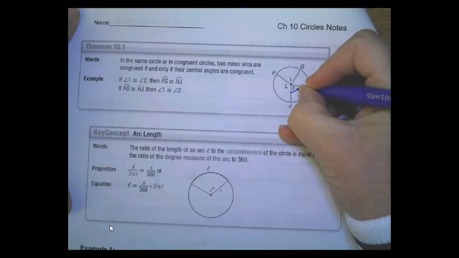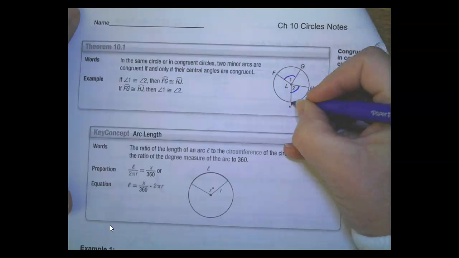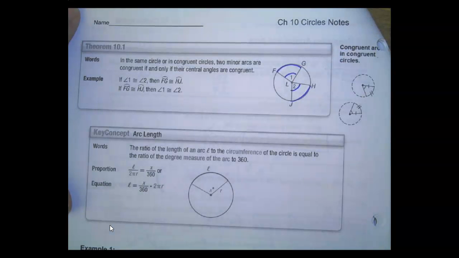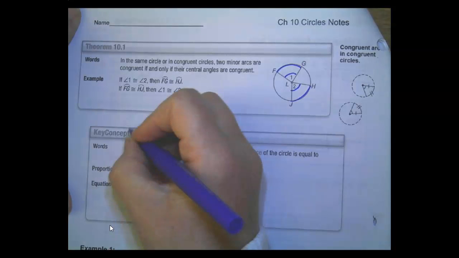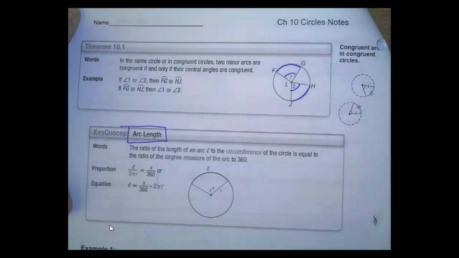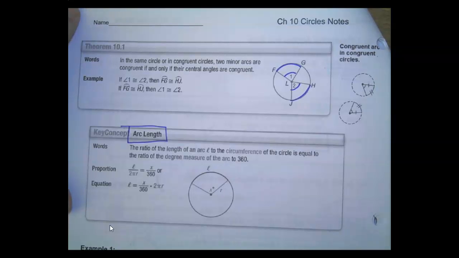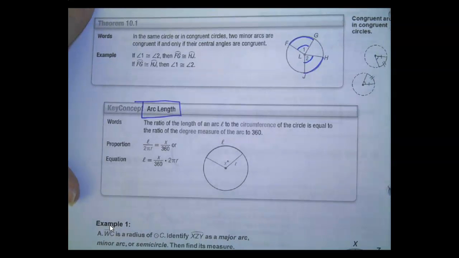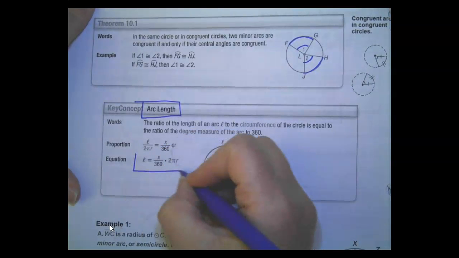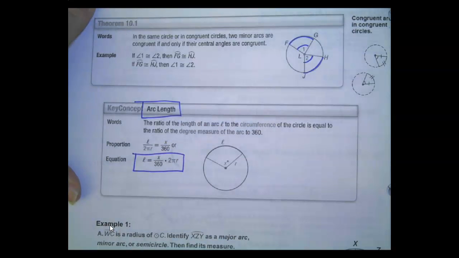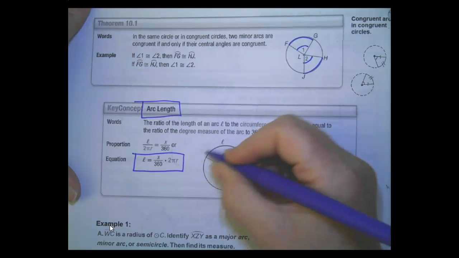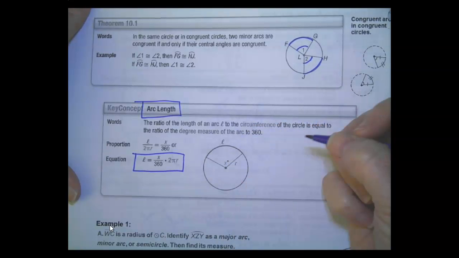So if this and this were congruent, that also means that this and this are congruent. Arc length, this is what I was talking about. They've got a proportion equation, in the front of your packet. I prefer this one, just FYI. So the arc length is different than the arc measure, so pay attention to that.